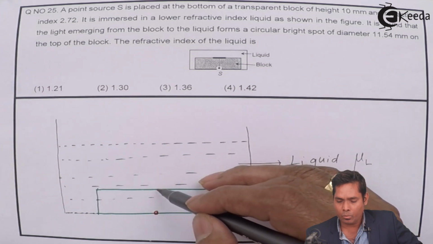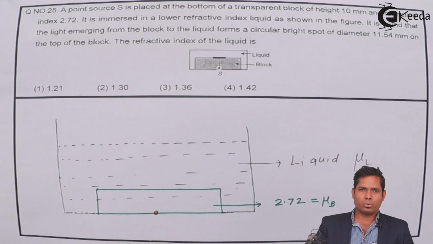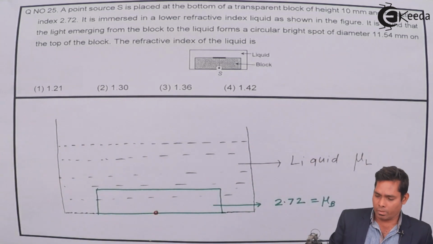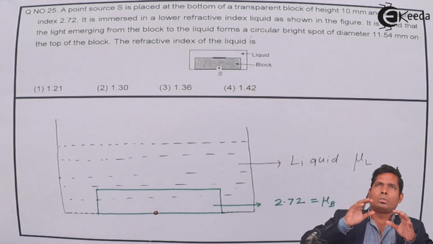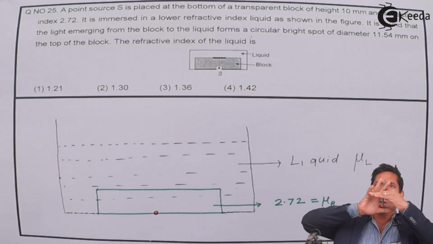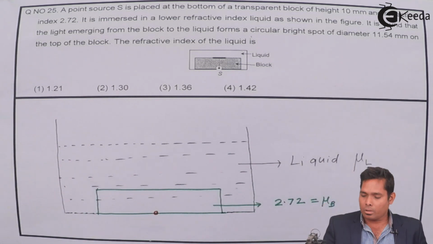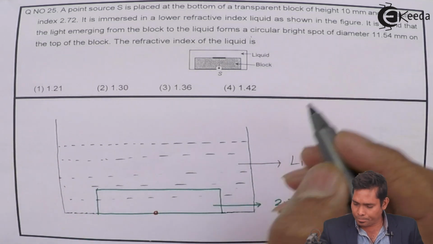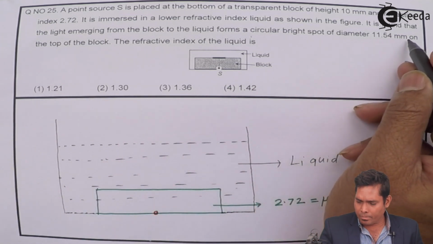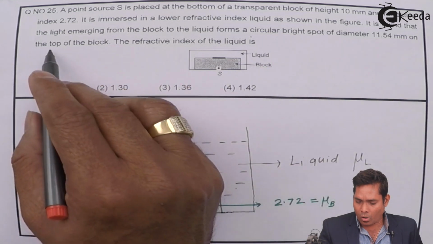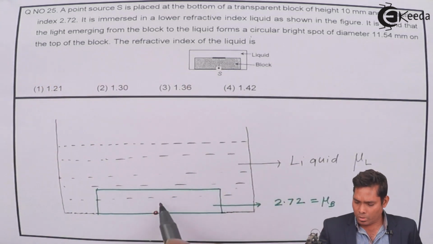It comes out and moves through the liquid, and forms a circular bright spot of diameter 11.54 mm on the top of the block.